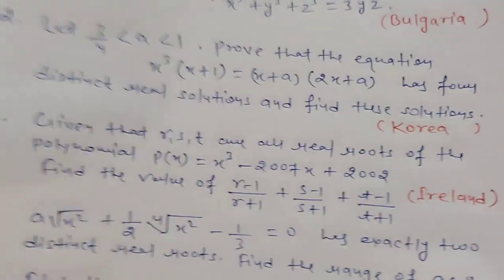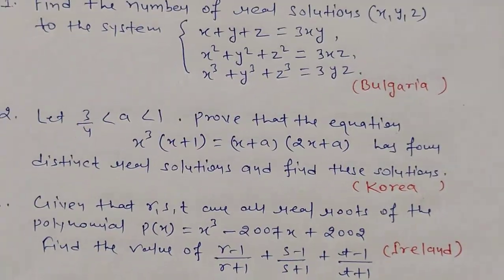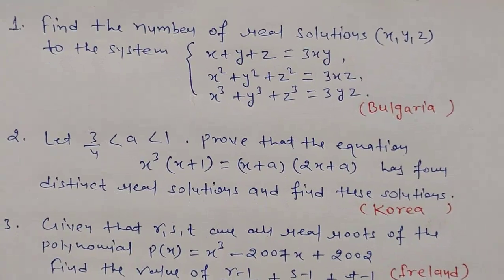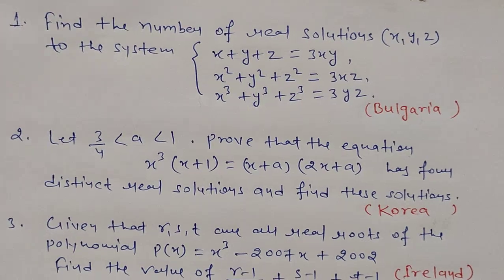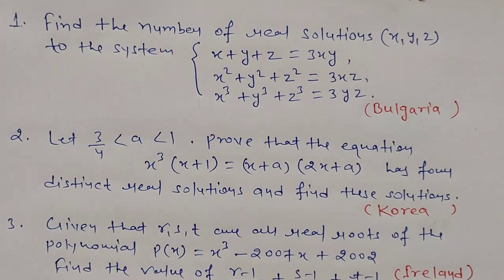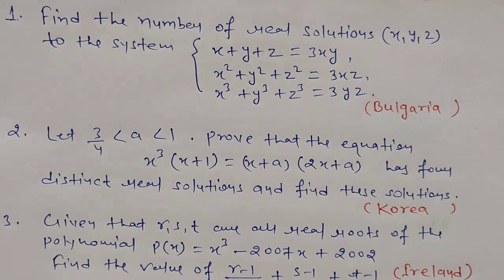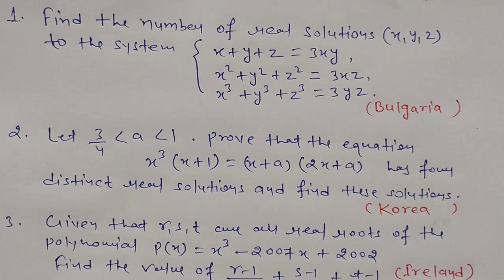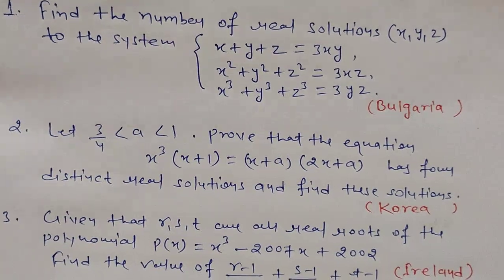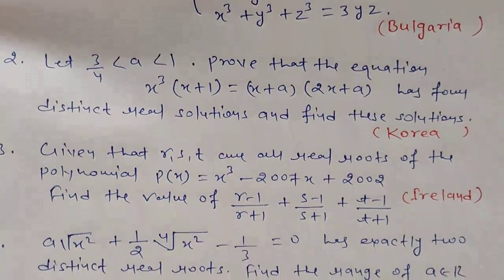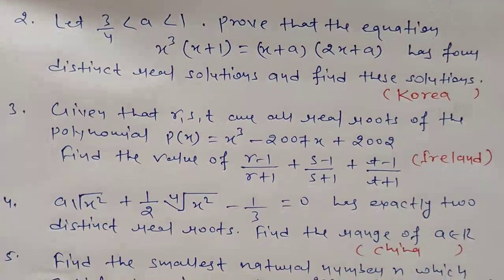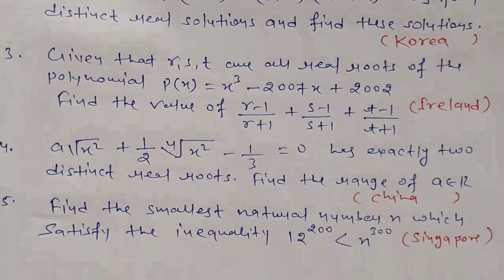So here is the list of some problems. You can see this is the set of 5 important problems for the first level: 1, 2, 3, 4 and 5.